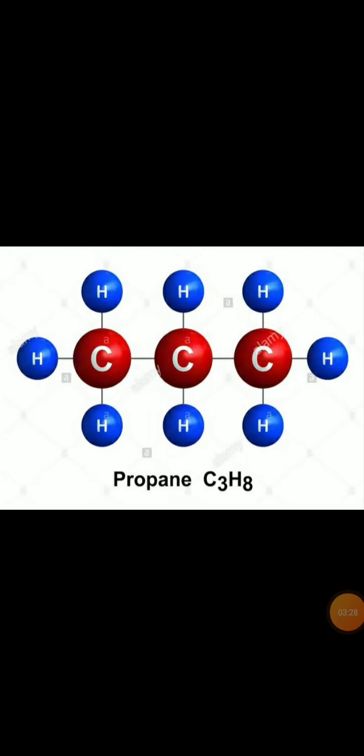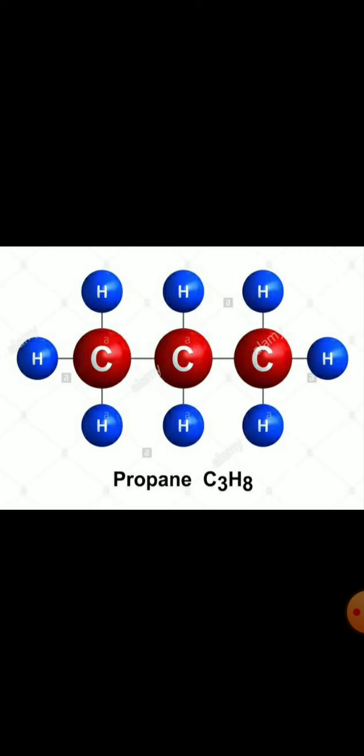Then number 3 we have propane. Formula of propane is C3H8. Now again, how to write? Very easy, students. Step 1, first of all we'll write C. In the formula, how many C's are there? 3. So first of all we'll write C with single bond. And then how many H are there? 8.